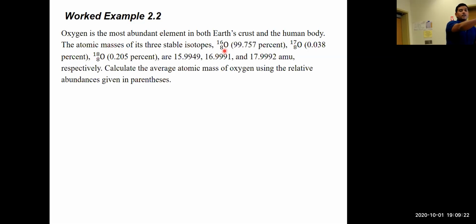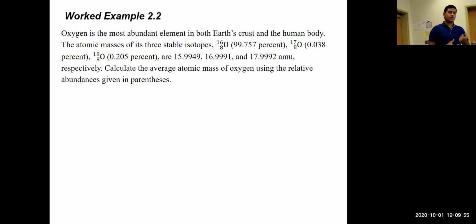One is the major one, oxygen-16, present at 99.757%. Oxygen-17 is present at 0.038%, and oxygen-18 at 0.205%. These have their own respective atomic masses of 15.9949, 16.9991, and 17.9992 atomic mass units. It asks you to calculate the average atomic mass.